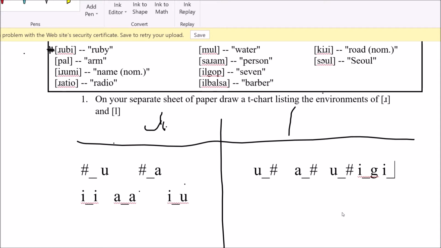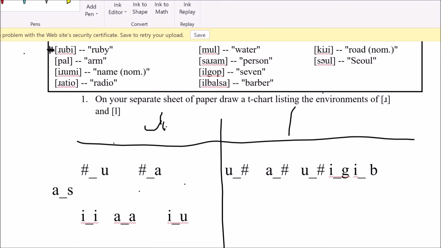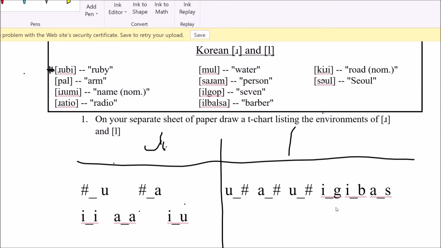E and B. Between A and S. Okay, so now we have found all of the environments that oo and ol appear in our data, and we've listed them here on our key chart.